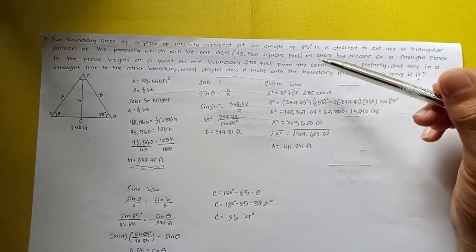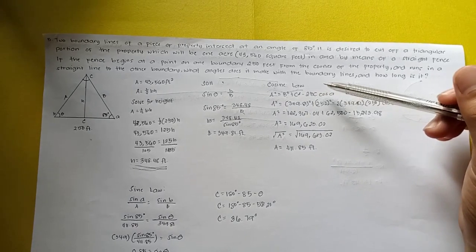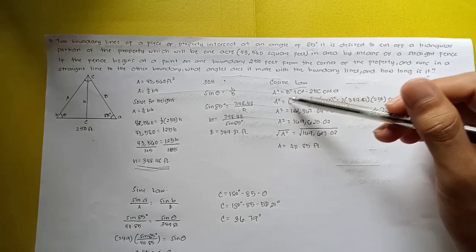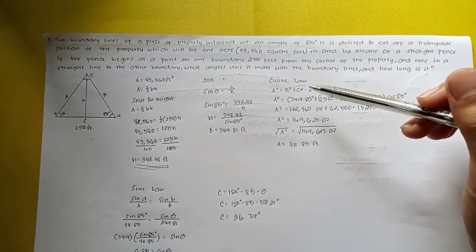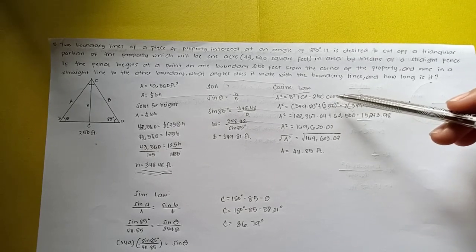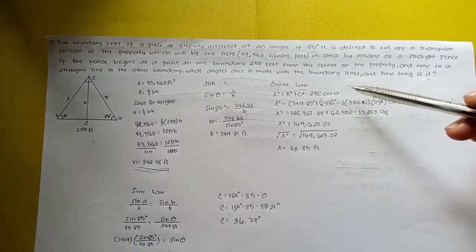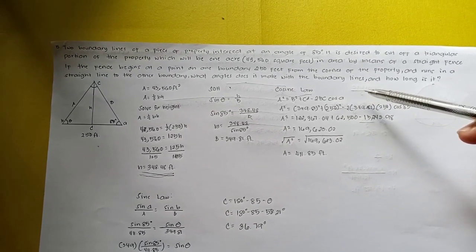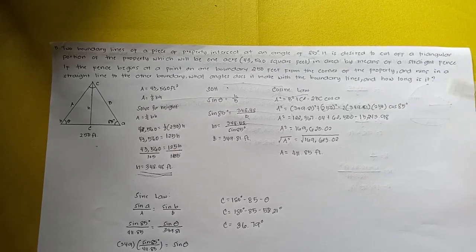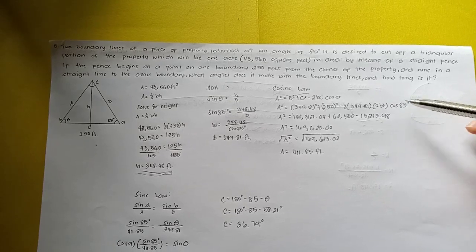A squared equals B squared plus C squared minus 2BC cosine A. A squared equals 349.81 squared plus 250 squared minus 2 times 349.81 times 250 cosine 85 degrees.